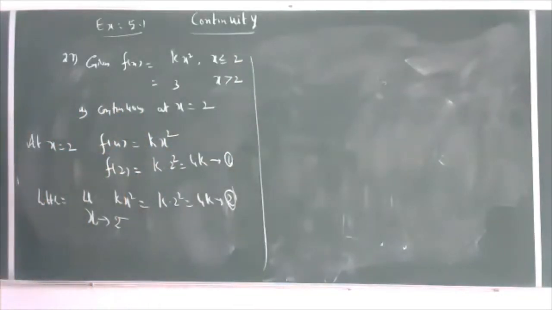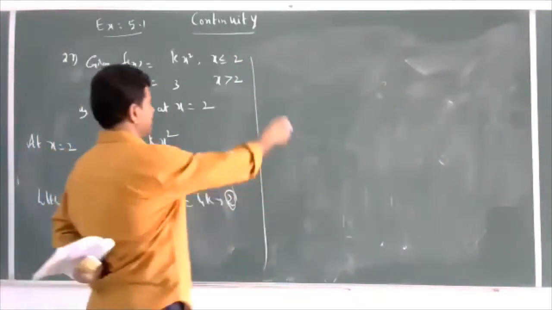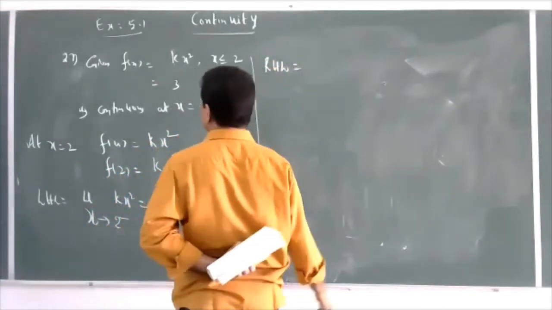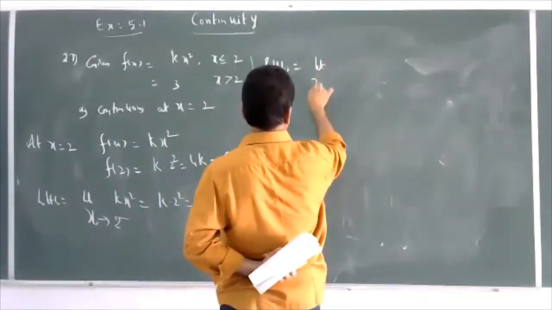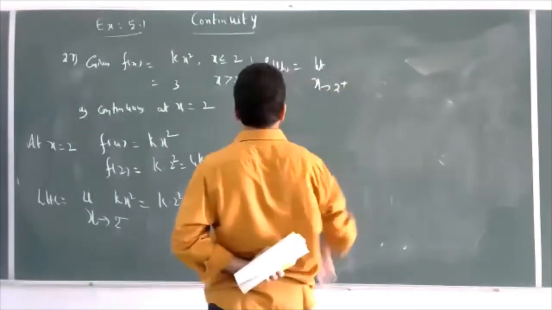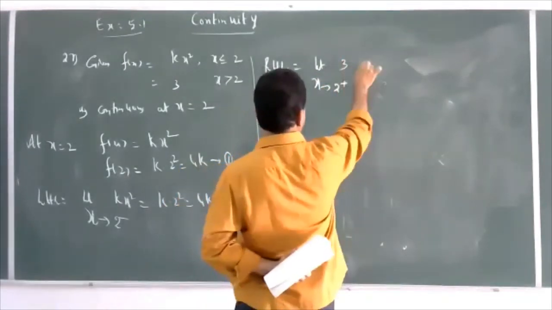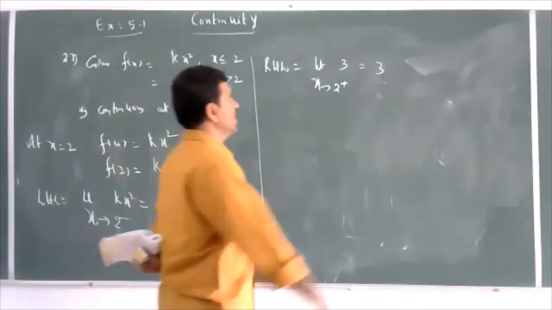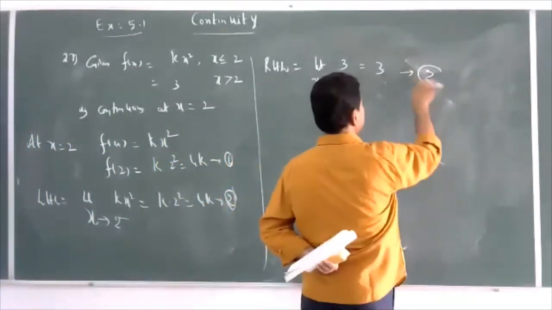Find the right limit. The right limit is important. Limit as x tends to 2 plus, the function is 3, so the limit of a constant is 3. Let it be equation 3.